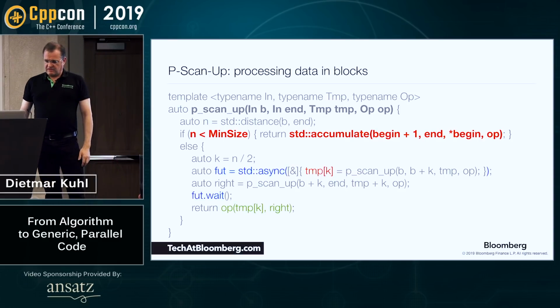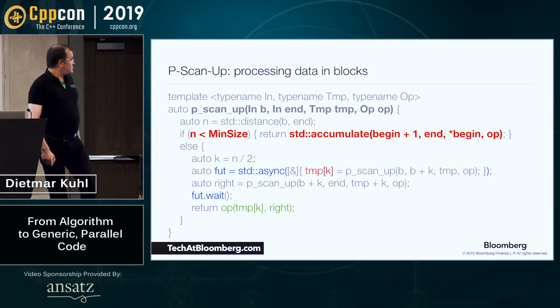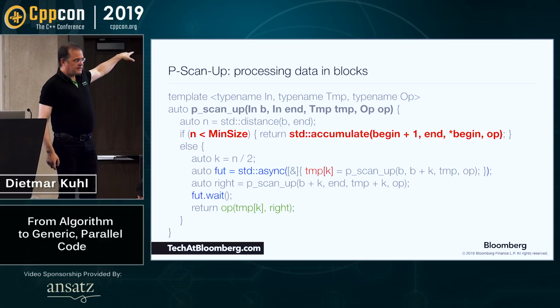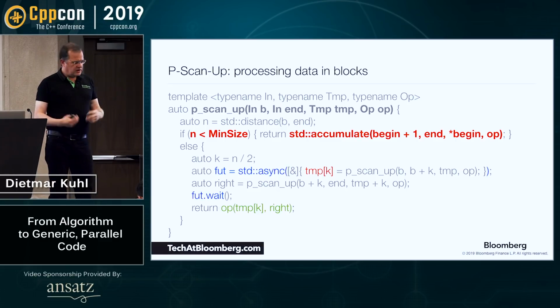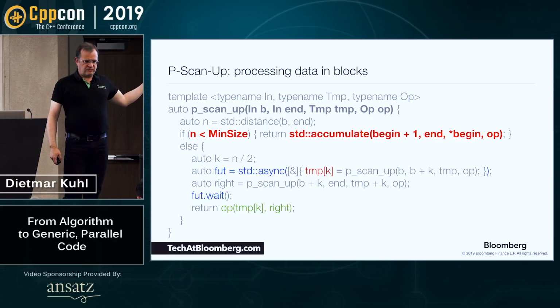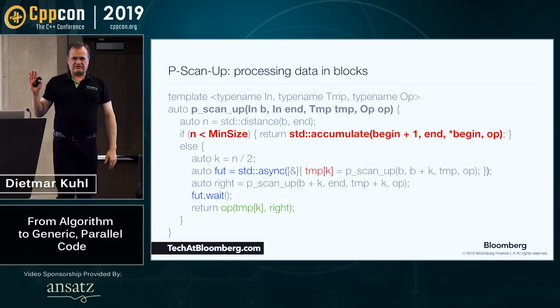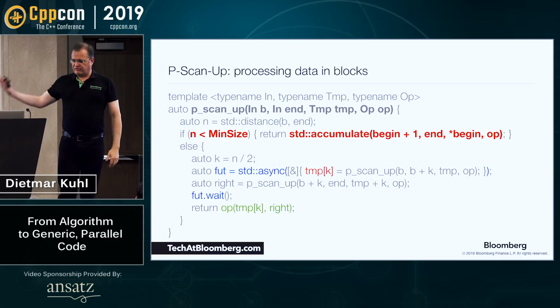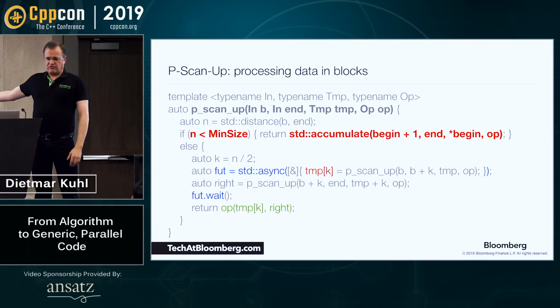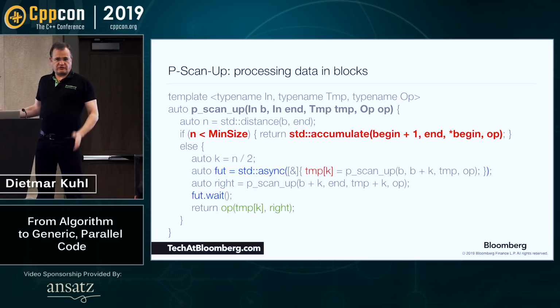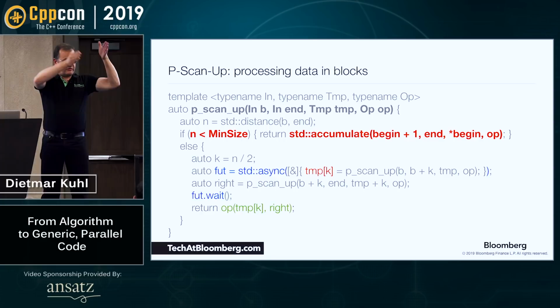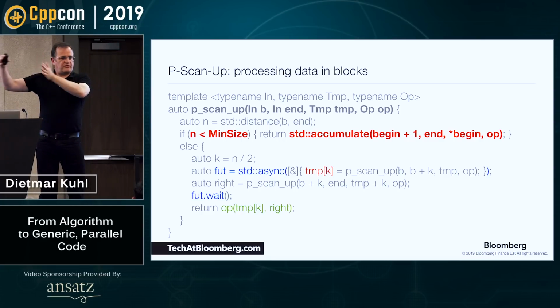So effectively, we change the algorithm. The main change over here is just on that bolded line: instead of stopping at 1, when we have moved down to the smallest bit, we stop at some min size, whatever min size is. And I tried a few variations. Once we have reached that level, we just do accumulate, because the first part is just computing the sums of subsections.